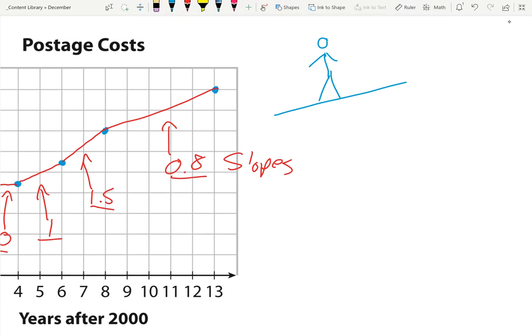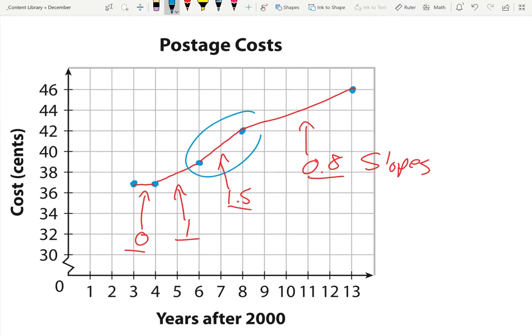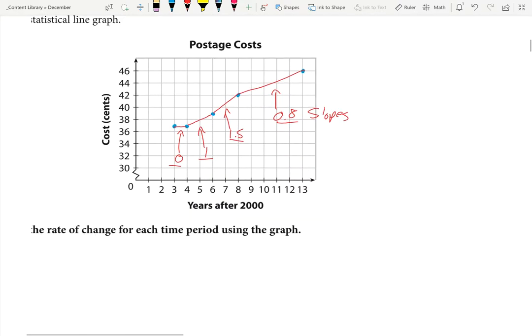So that's what I mean by steepness, essentially the more vertical it is. And this part is the most vertical. And the higher your rate of change, the more vertical your line's going to be. So there is that connection.